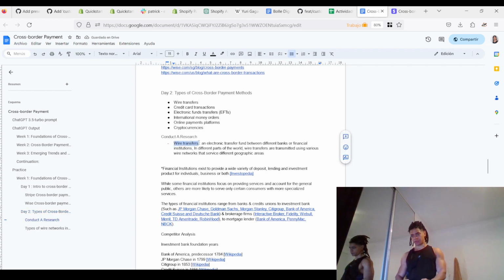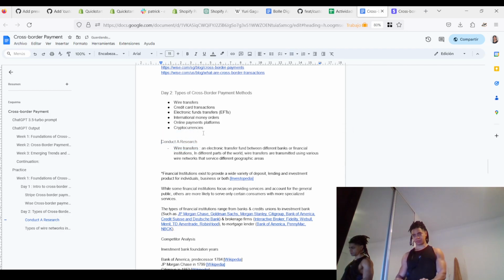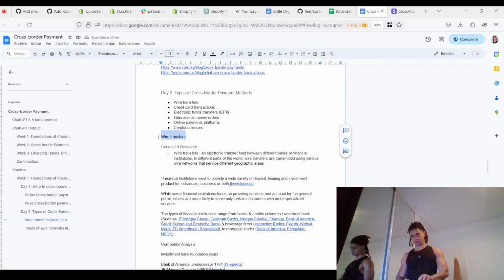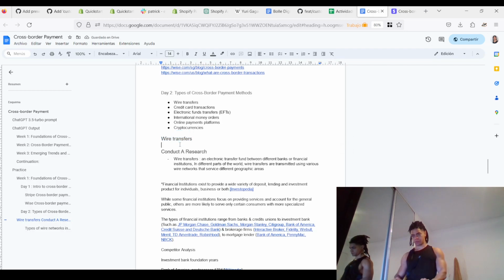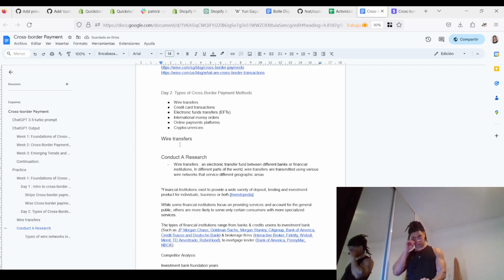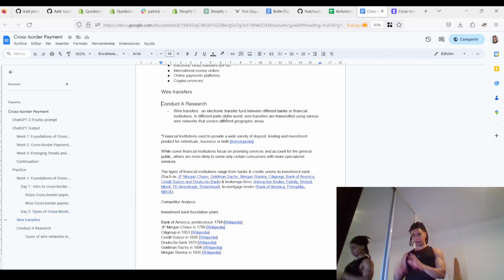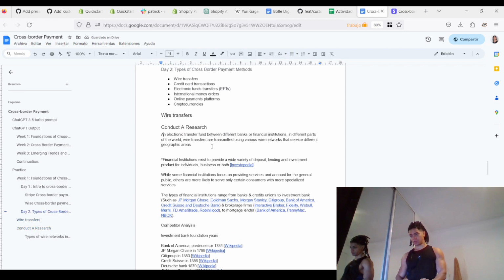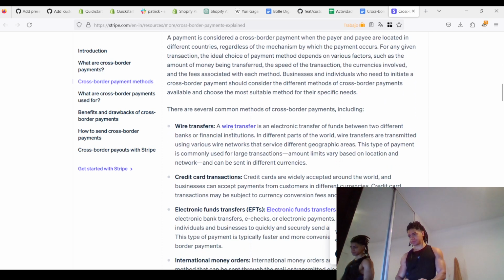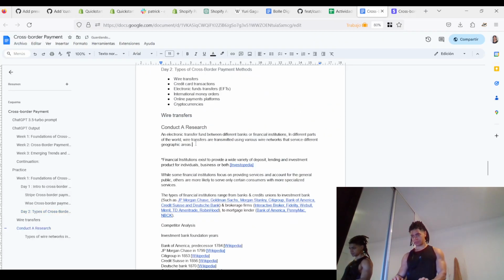So we start with wire transfers. Conduct a research: define what a wire transfer is, an electronic transfer of funds between different banks, according to Investopedia and Stripe.